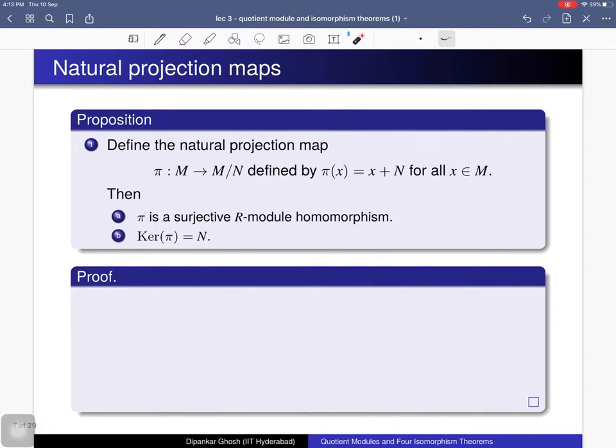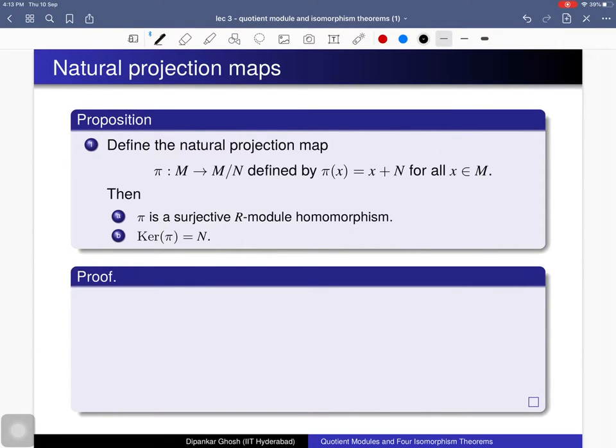And is it an R module homomorphism, one may ask. One can verify that this is not only an R module homomorphism, but also a surjective R module homomorphism, such that the kernel of this map is just N. So, let me quickly prove this proposition.